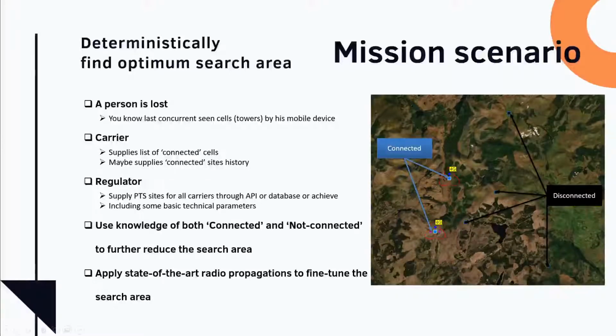So here on the right-hand side, you see we've got two 4G towers, and they are connected. So we know these two cells are connected to the missing person, but these 1, 2, 3, 4 are not connected. So we're going to use both connected and not connected in order to try to reduce the search area.